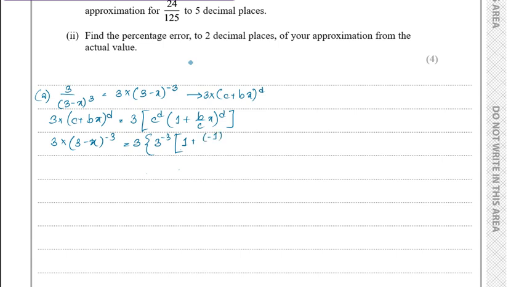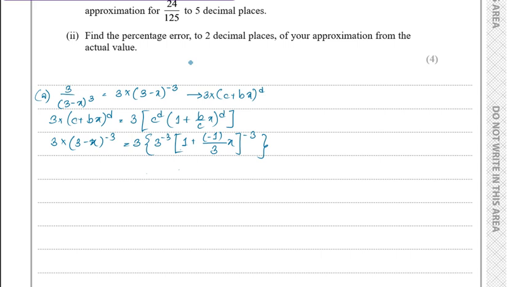As there is nothing written before x, we can consider the coefficient of x as minus 1, and c here is 3, x to the power d, which is minus 3, and bracket close.